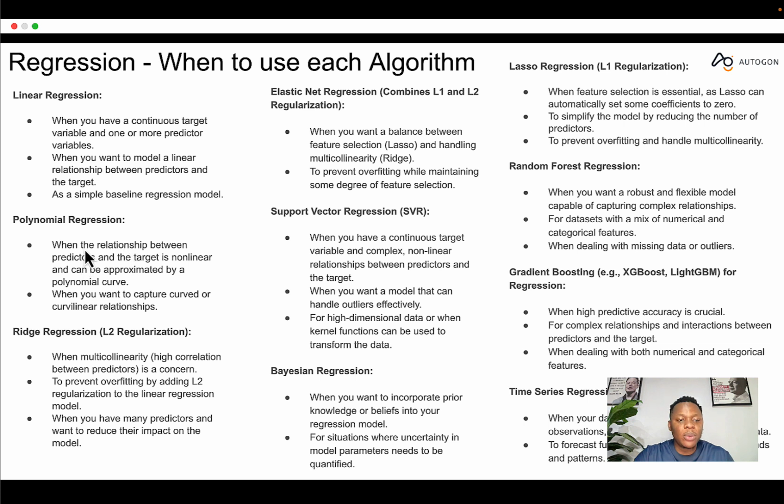Polynomial regression: when the relationship between the predictors and the target is non-linear and can be approximated by a polynomial curve. Yes, when you want to capture curvilinear relationships. So let's say rabbit births, and you're looking at the months and rabbit births, and there's just a very non-linear relationship. Or the depletion of the ozone layer and the degree of the depletion.